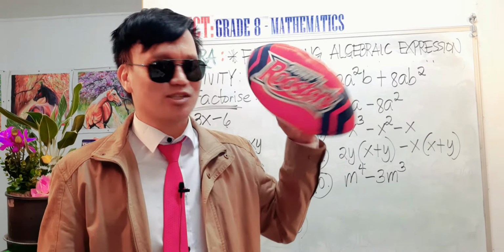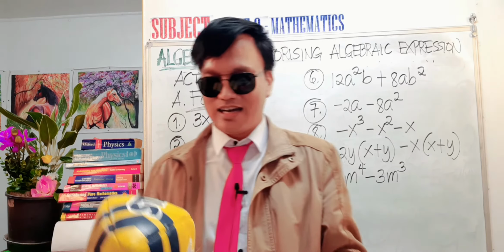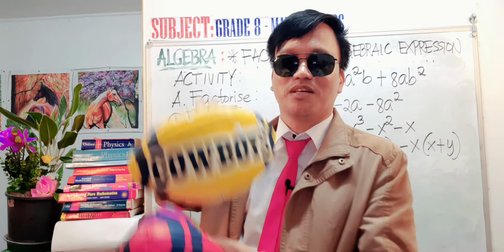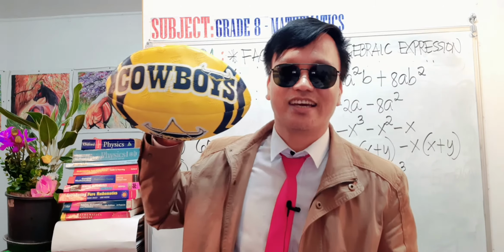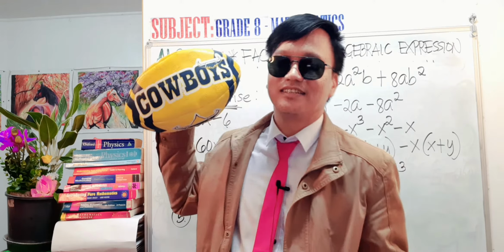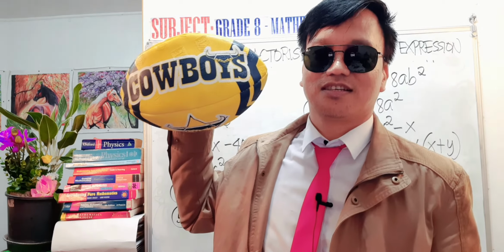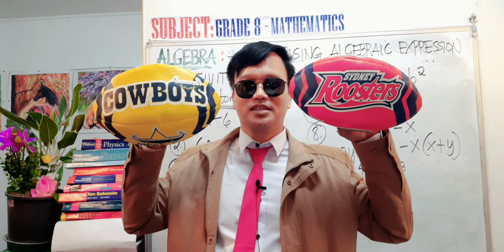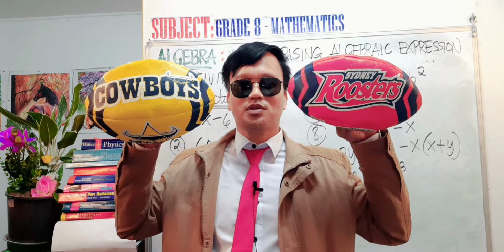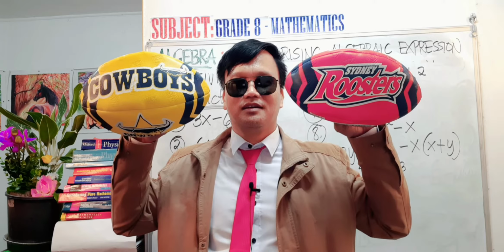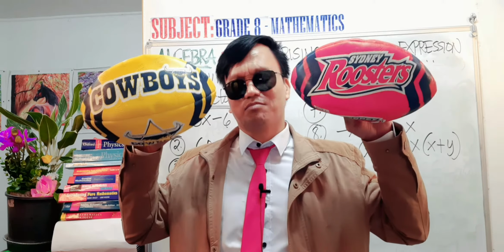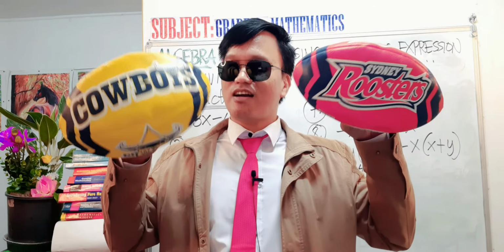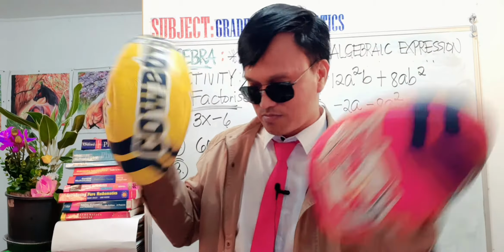Don't ask me if I support this one, because I am also holding my second rugby ball, which is the Cowboys. Now, State of Origin, am I Blues or Maroons? That is not the purpose of my video here, but anyway, these are my collection of rugby balls.